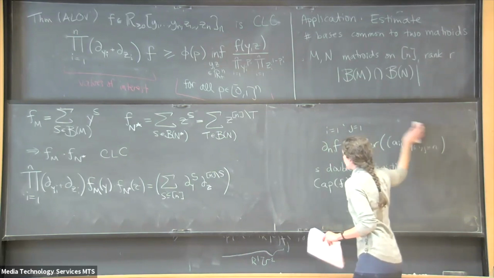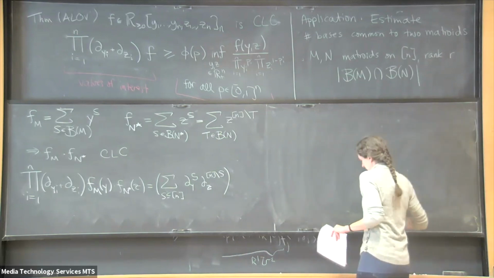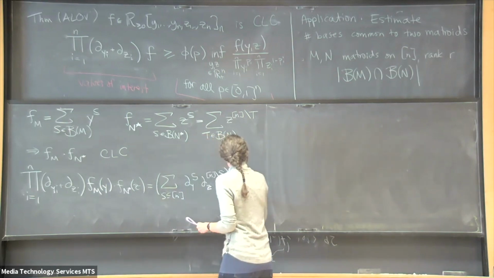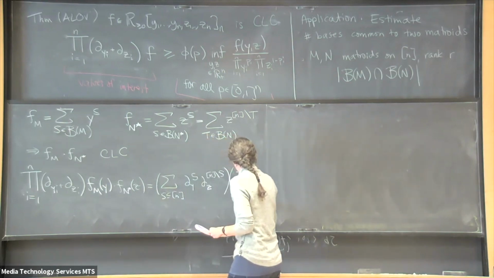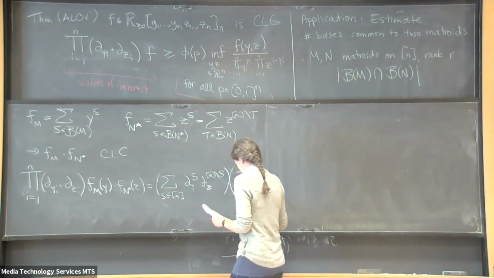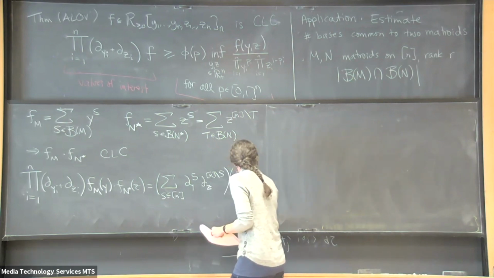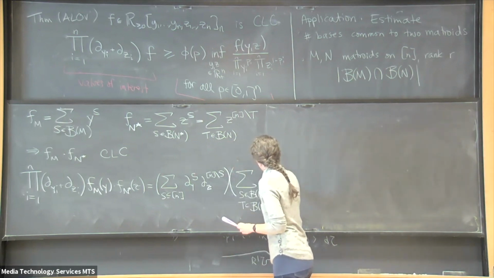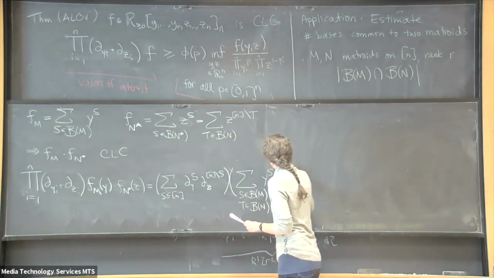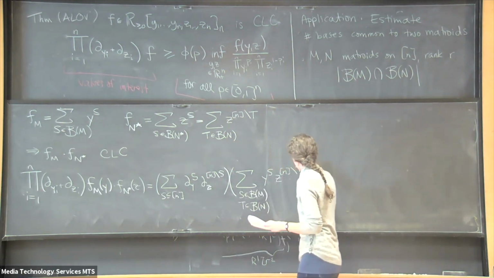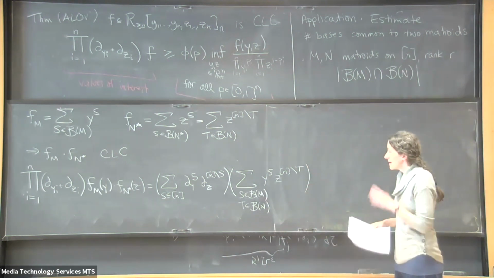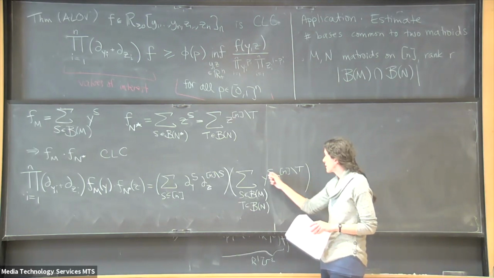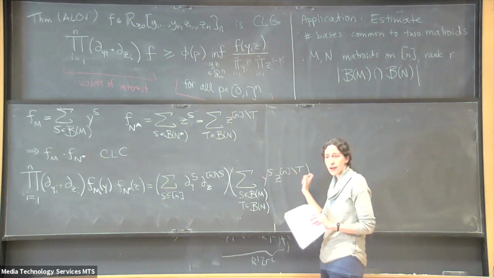If I think about expanding this product, I'm summing over the bases S in the bases of M, and T in the bases of N, y to the S, z to the complement of T. These all have degree n, because there are r things in here and n minus r things in here.